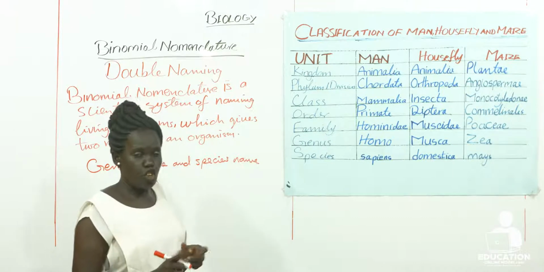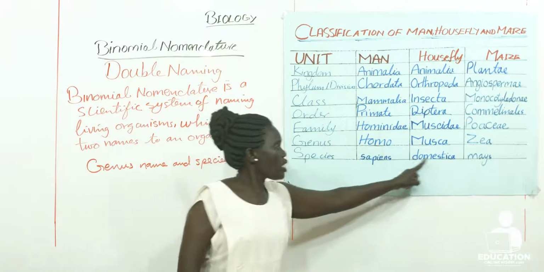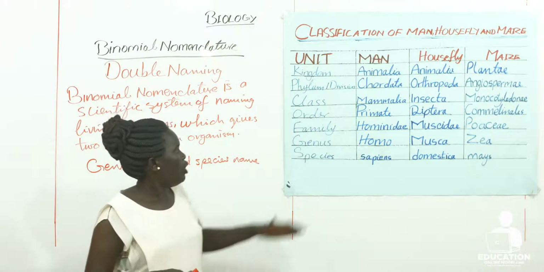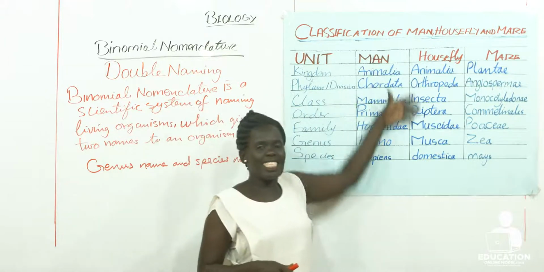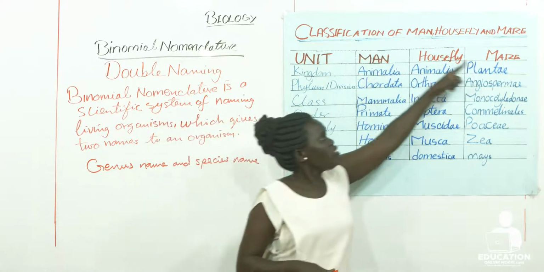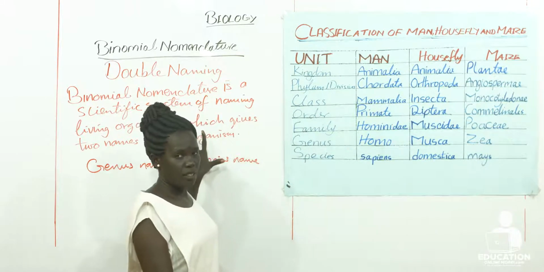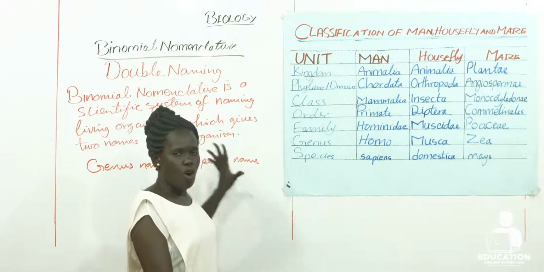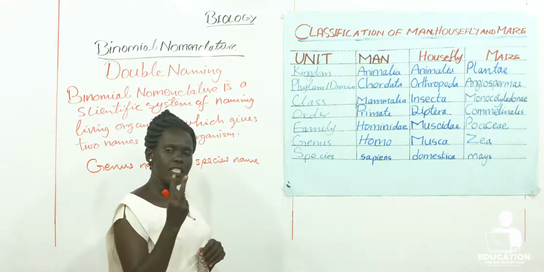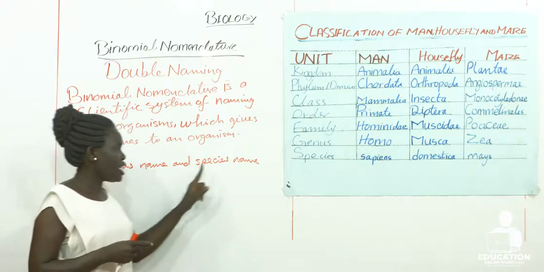That's why in classification you normally find the name of the species starting with a small letter. Here the examples are clear. From this classification, you can extract the scientific names for the three living organisms. The scientific name of every living organism is made up of two parts: the first part is a genus name, the second part is a species name.